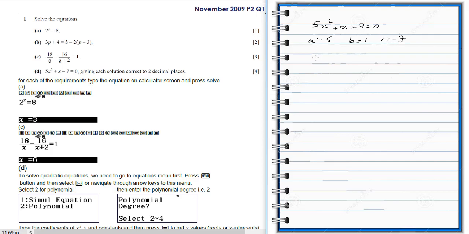The quadratic formula is x equals minus b plus minus square root of b squared minus 4ac, all over 2a. So x equals, plugging in the values, minus 1 plus minus square root of 1 squared minus 4 times 5 times negative 7.